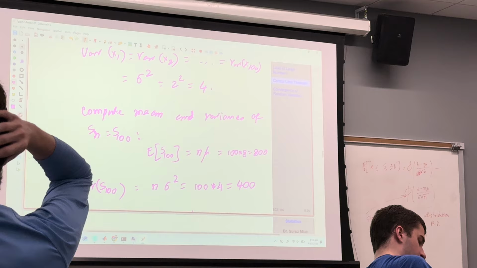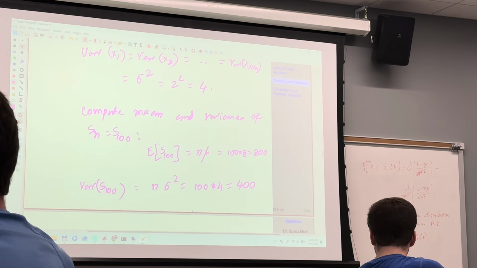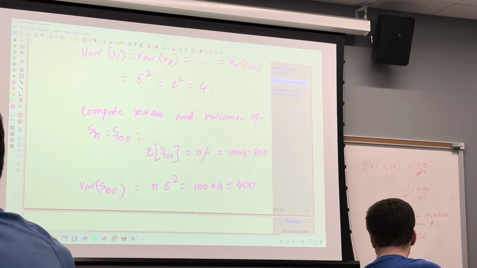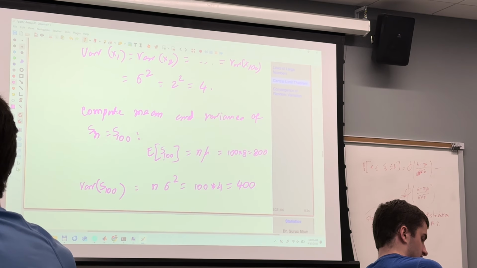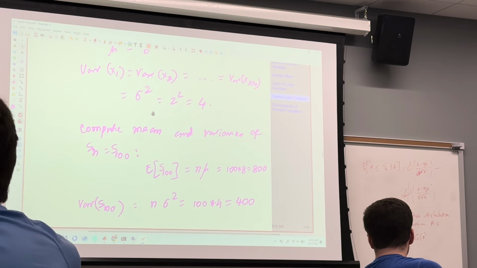So now we know the mean and variance of the total order, and we use the central limit theorem for n equals 100.